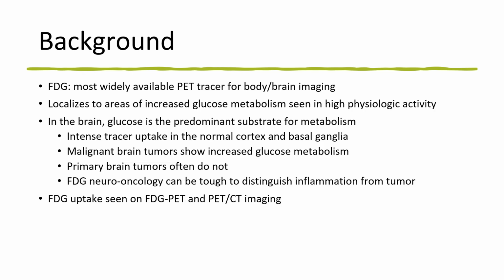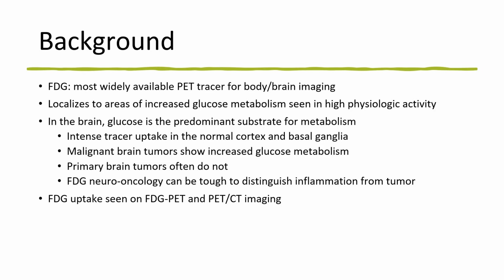The malignant brain tumors will show increased glucose metabolism, but primary tumors do not. And FDG neurooncology can be really tough to distinguish from inflammation or tumor. This is where it gets very tricky for doctors to interpret any of the images, because no matter what you're doing the test for, you have to get a really, really good history because a lot of things will impact it.